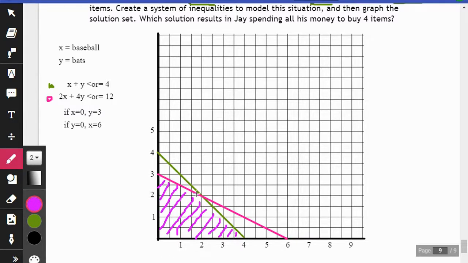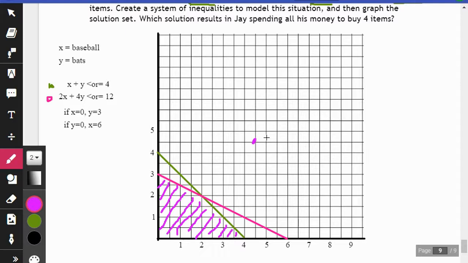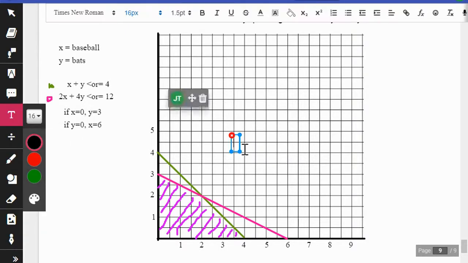This is our area. We'll just really quickly type a few things here. We're going to say too many things and too expensive.